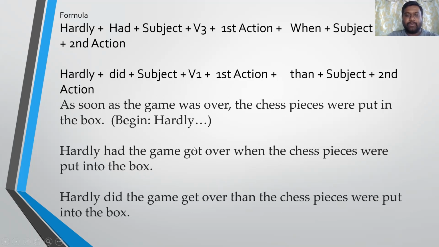Now I hope you understand. When had is there, it is had plus the V3 form plus when. And when it is did, it should be in V1 form plus than. This is compulsory, students, please do understand. Please remember this formula.